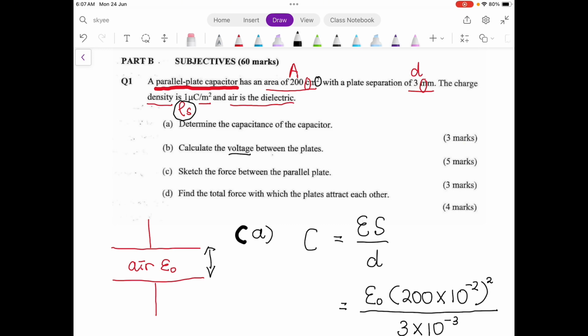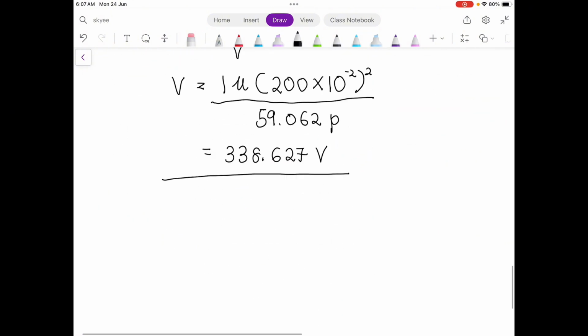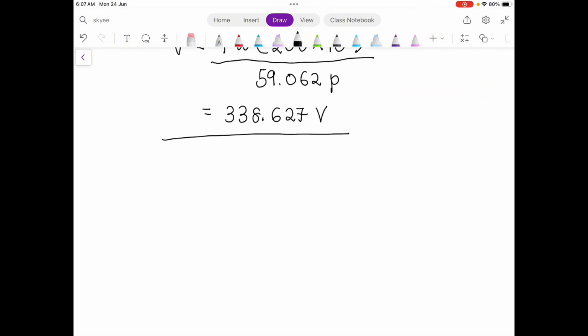Next, we sketch the force between the parallel plates. So we will sketch the parallel plates first. One of the plates has a positive charge, the other plate has a negative charge.